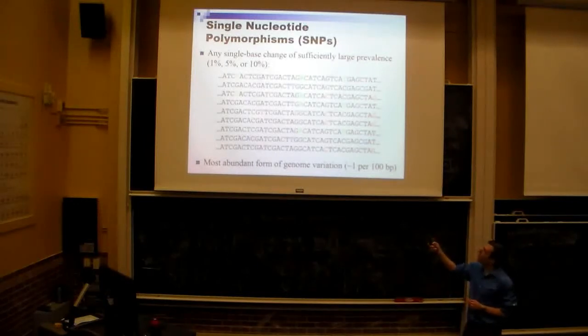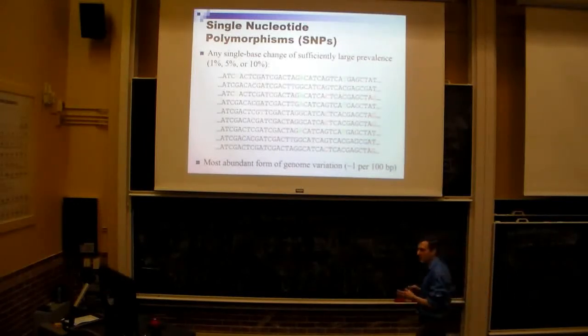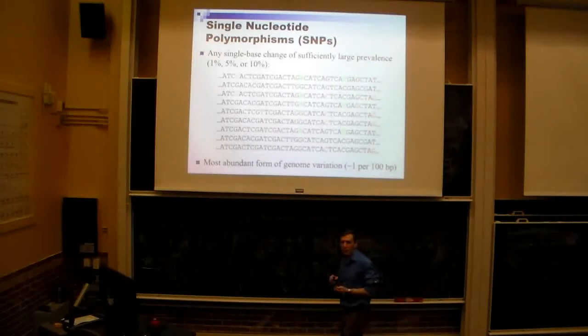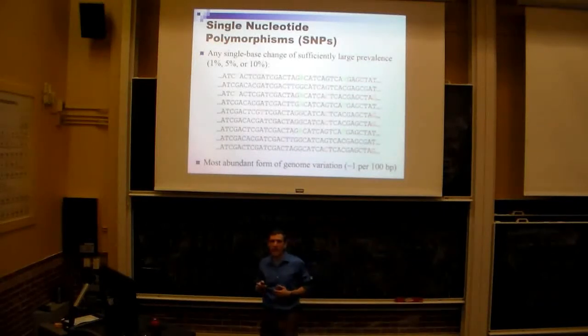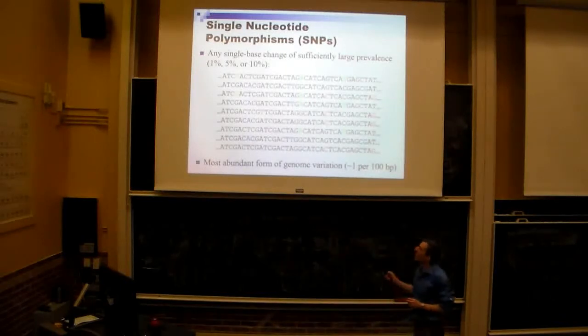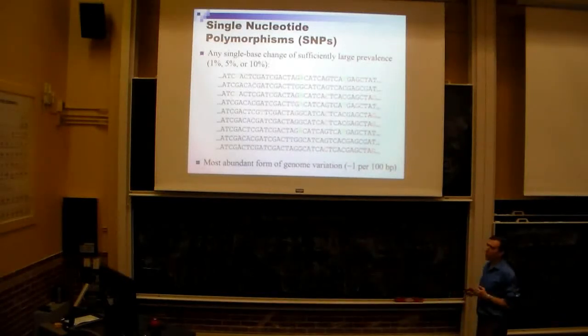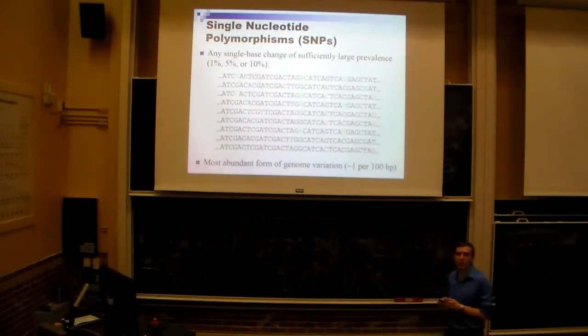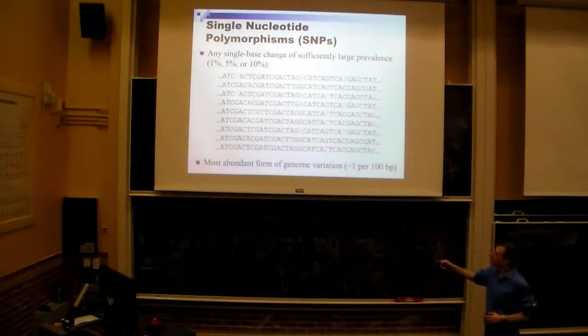Sometimes you'll see the term simple nucleotide polymorphisms instead of single nucleotide polymorphism to catch somewhat broader classes. But basically, we're looking at these small localized changes in the genome. And these are by far the most abundant kind of variation. So the most common kind of change you'll see between any one person's genome and any other is these SNPs.